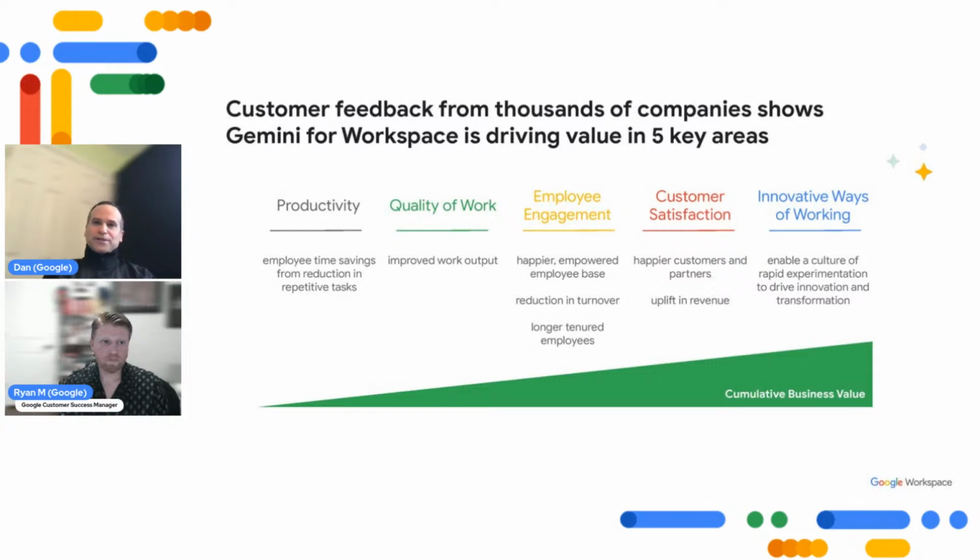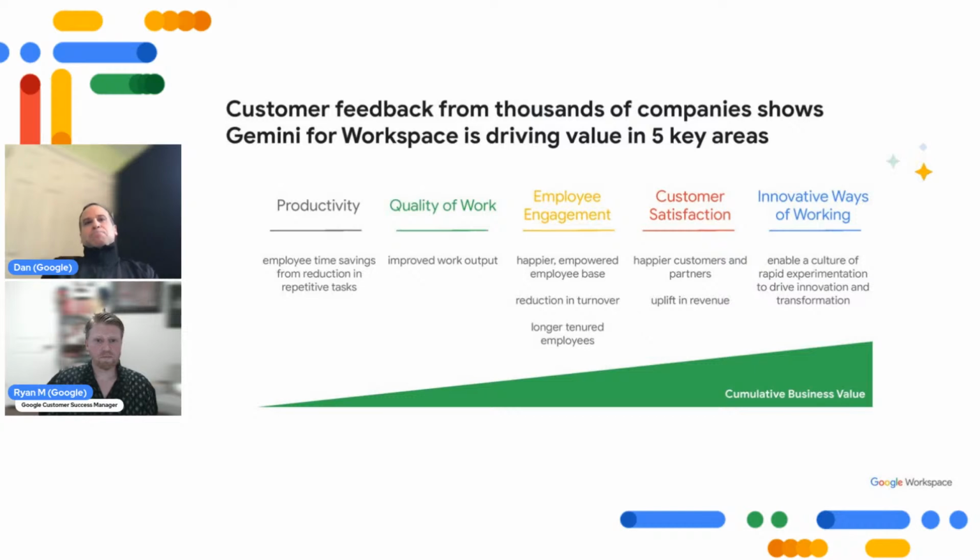So while we're early in the Gemini journey, the feedback is coming in. And similar to some of the stories that Heather shared, we're finding that the feedback is distilling into 5 key value areas. This isn't meant to be an exhaustive representation of value. It's just context to help us identify greater value in your own organizations.